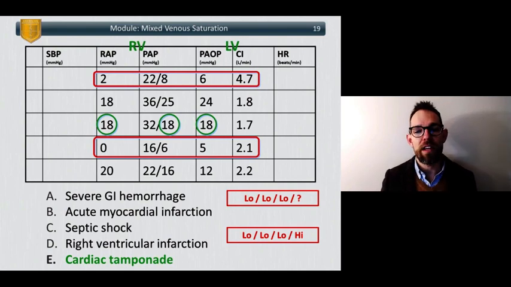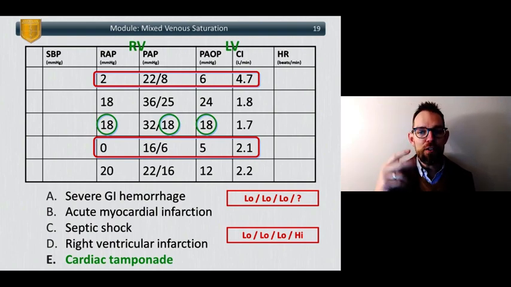So now we're faced with GI hemorrhage, MI, septic shock, and RV infarction. Let's look at the two that have low right atrial pressures. We know what the answer is for line 3, so we're left with 4 choices for the last 4 answers.